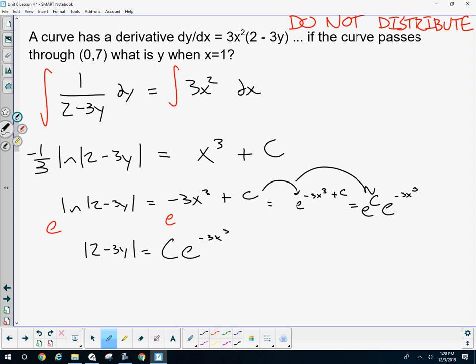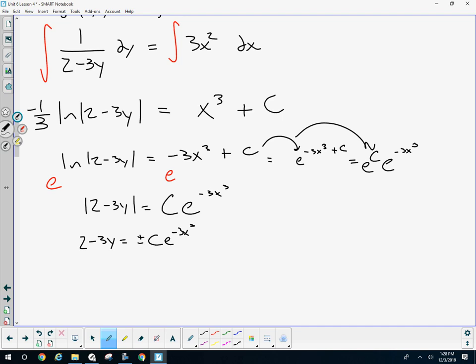You can get rid of the absolute value by giving it a plus or minus on the right side, but again, you're going to ignore the plus or minus when you end up finding C. I have the 0.07. Might as well just find C right now. So 2 minus 3 times 7 equals C e to the 0. So it's 2 minus 21, which is negative 19.